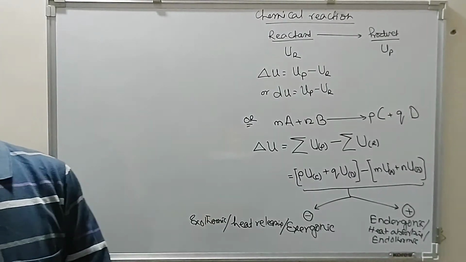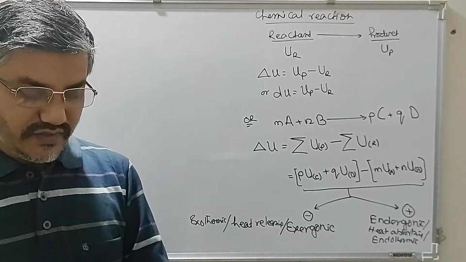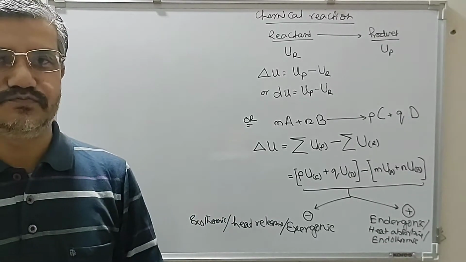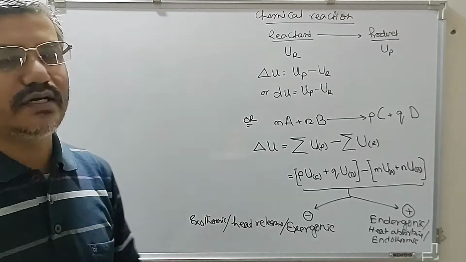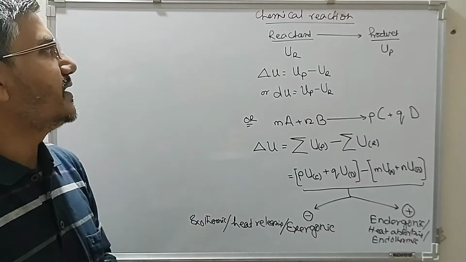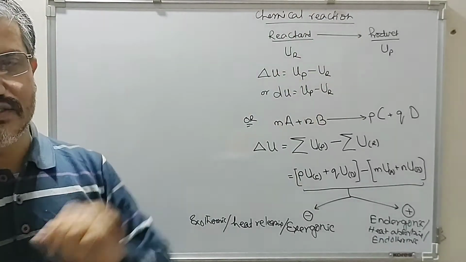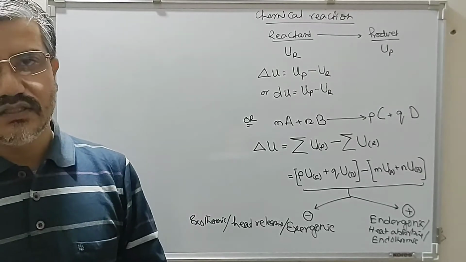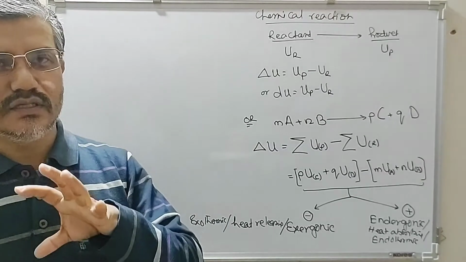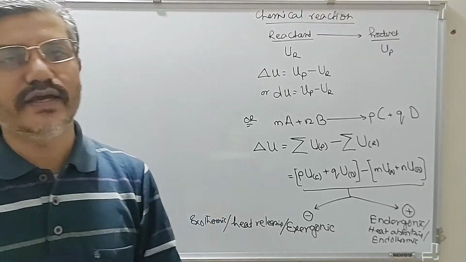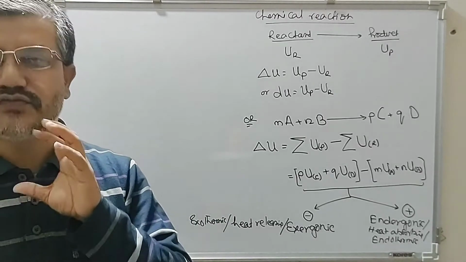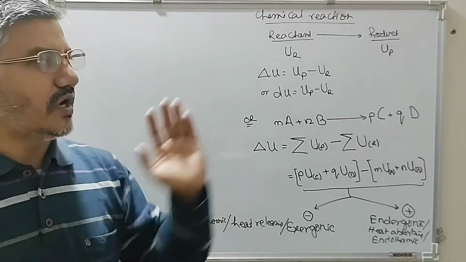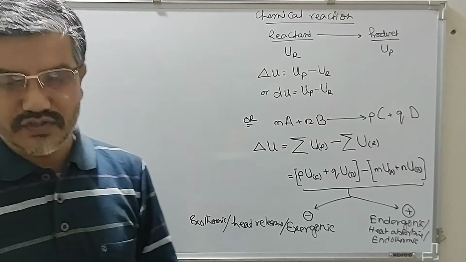When we consider an ideal gas in a container, we can consider infinite numbers of energy terms. All these energy terms we collectively define as internal energy. Now, this internal energy is used to define the first law of thermodynamics. So after this we'll come to the first law of thermodynamics.